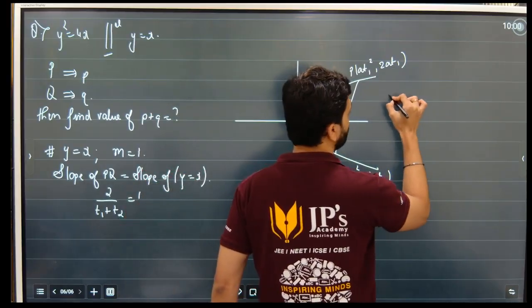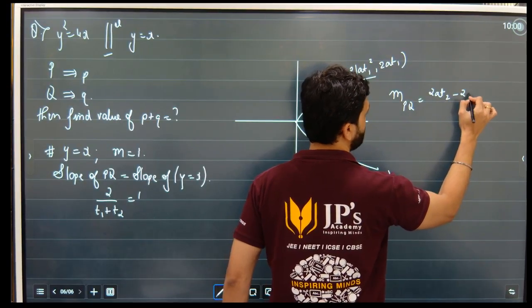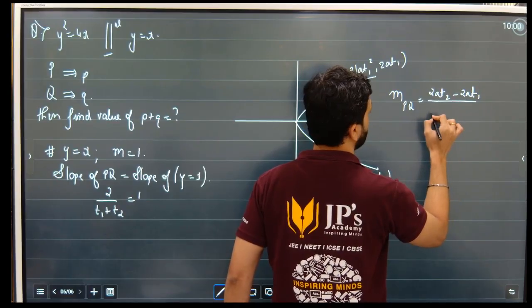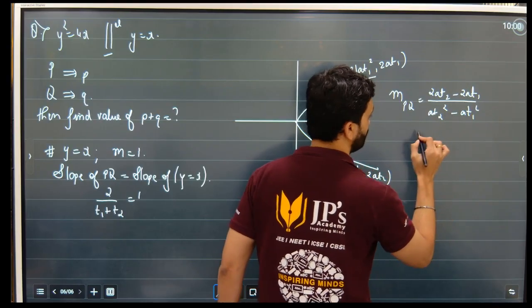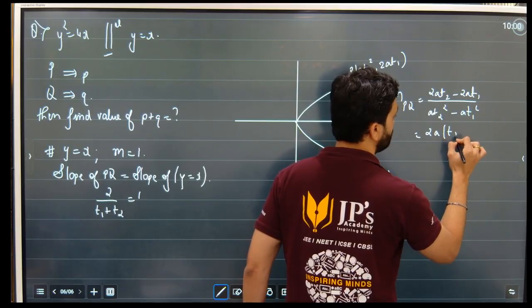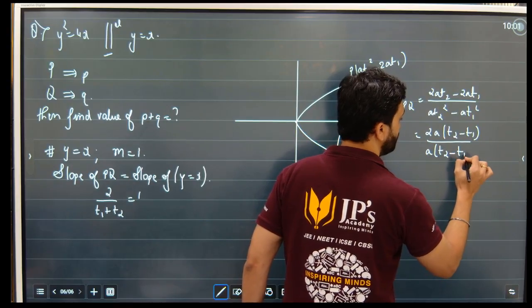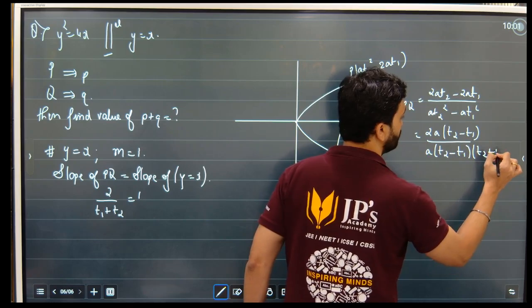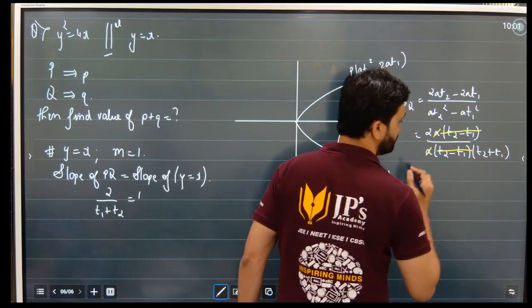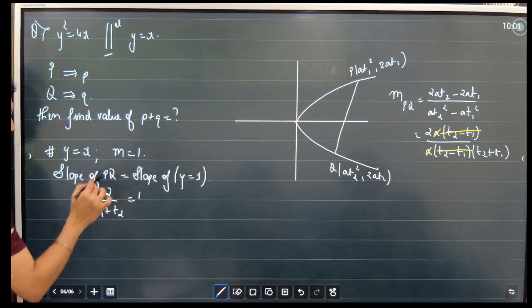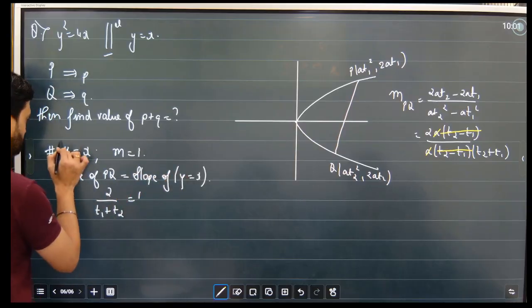My slope of PQ will become 2at2 minus 2at1 upon at2 square minus at1 square. If I take 2a common, this will become t2 minus t1 upon t2 minus t1 into t2 plus t1. The t2 minus t1 gets cancelled. I have got 2 upon t1 plus t2, and its slope is equal to the slope of y is equal to x, which is 1, which we have written here.